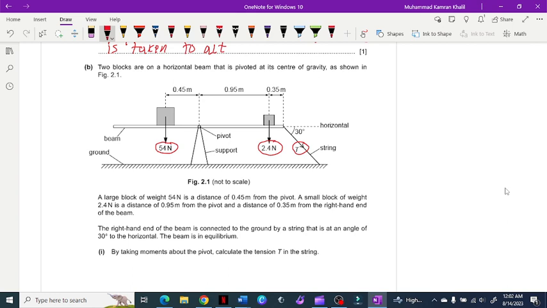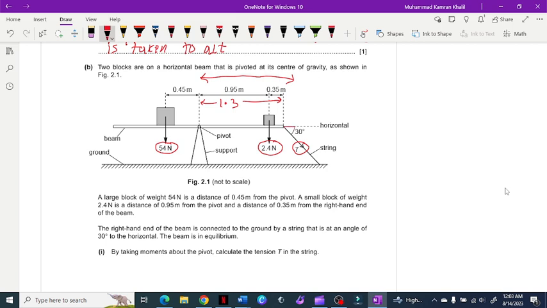So before solving that, we will calculate this distance 0.95, because we always take distance from the pivot. So 0.35, and then it will become 1.3 for the string. The distance from the pivot is 1.3.